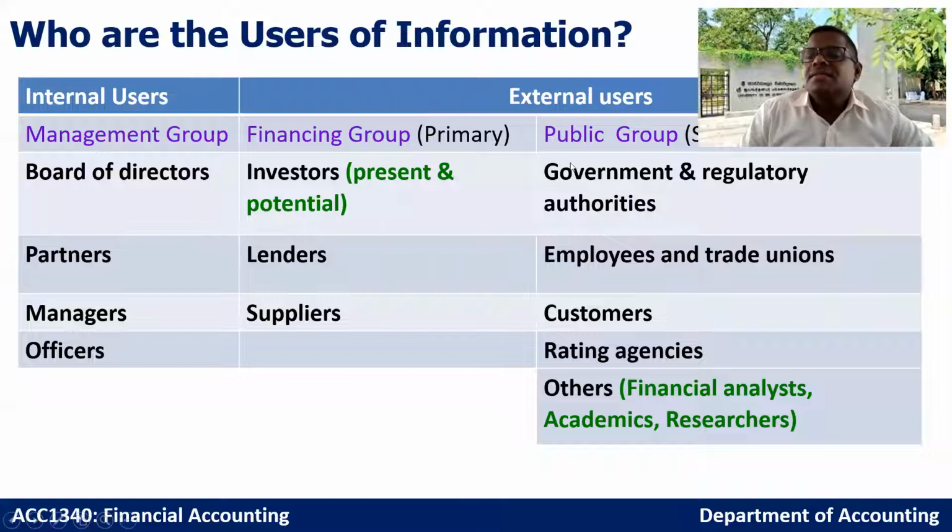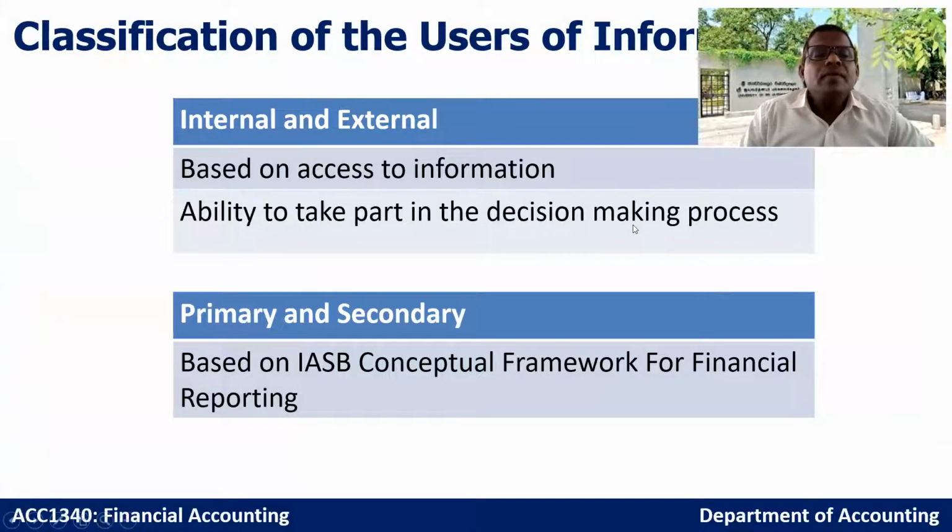I think in the latest classification, if you look at the conceptual framework, what is relevant is the primary and secondary classifications. But in the earlier conceptual framework, we discussed internal and external. When you study the accounting standards, I don't think the internal and external users classification is now relevant.